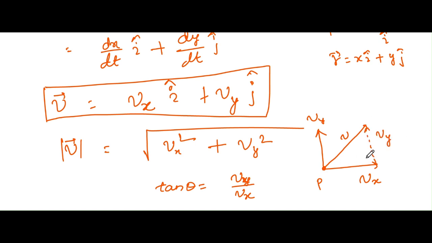So this is 90 degrees, and we are talking about this theta. So here theta is the angle made by the resultant velocity vector with the x-axis or the component along the x-axis. So we can write tan theta equals Vy by Vx. Let me make it more clear. Yes, so this is Vy by Vx.